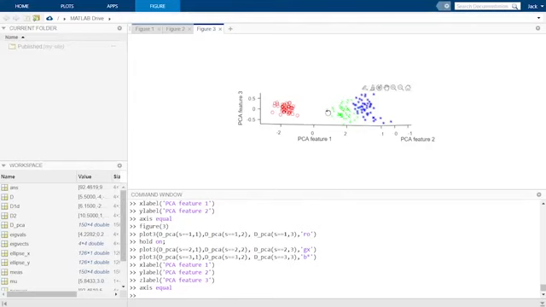Oftentimes, high-dimensional data can be well represented in very few dimensions, making PCA a very valuable tool, not only for visualization, but for other analysis tasks as well. We will look at how dimensionality reduction methods in PCA can help not only with visualization, but also with classification and prediction methods in the following lessons.